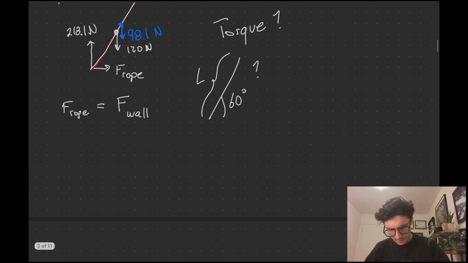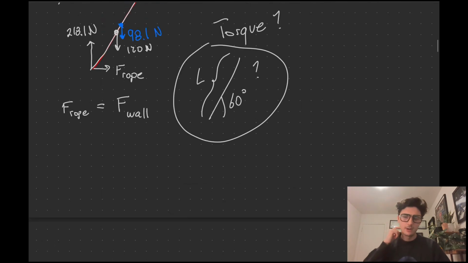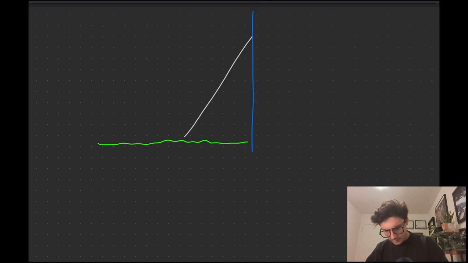Okay. So I'm gonna try using something like this. I'm not gonna talk about torque because I'm not really comfortable with torque yet. So I'm gonna draw a separate picture right here. The ladder is like this, right? The wall is like that, and the ground is like this. Then we have, let's do it in red, 60 degrees. And about 2/3 up is the monkey.